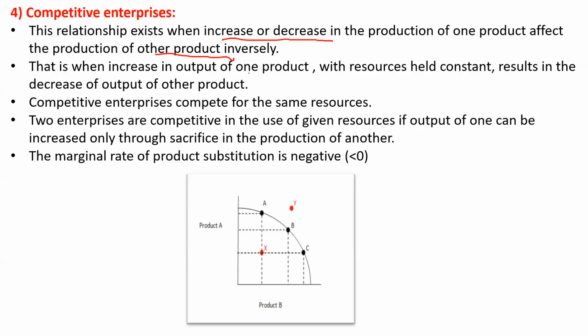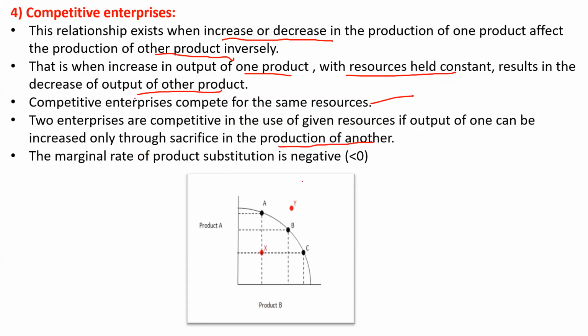When the increase in output of one product with the resources held constant result in the decrease of output of other product. Now competitive enterprise compete for the same resources. उनका same resource के लिए वो compete करते हैं. Then two enterprises are competitive in use of given resources if output of one can be increased only through the sacrifice of production of another.